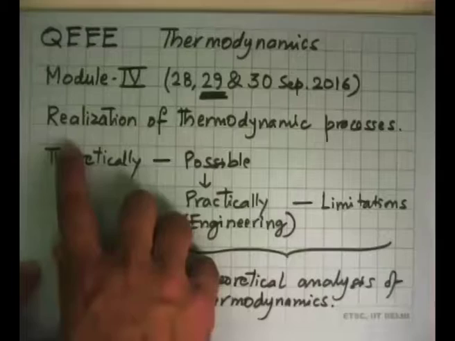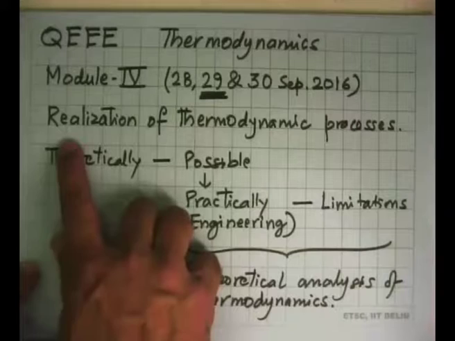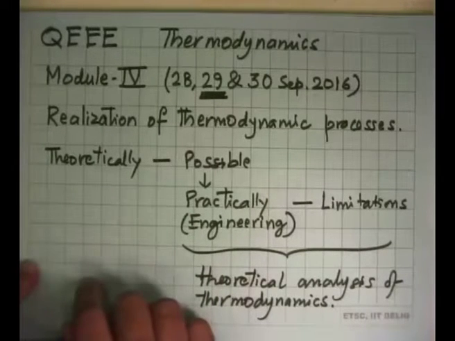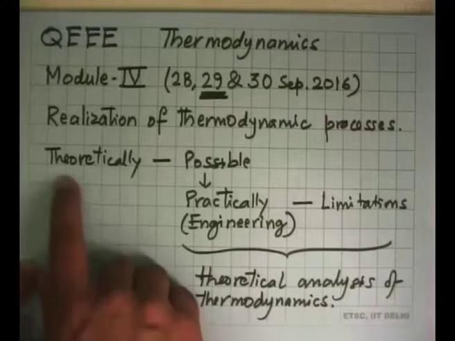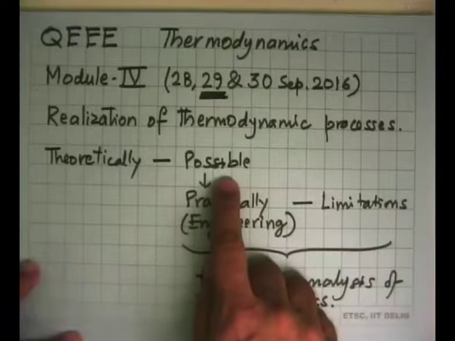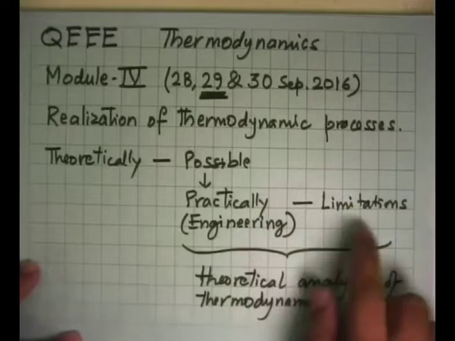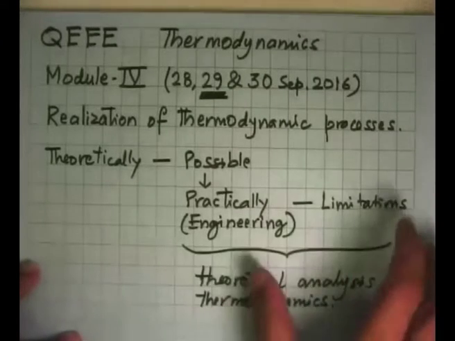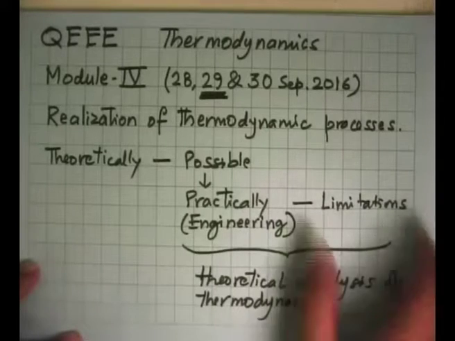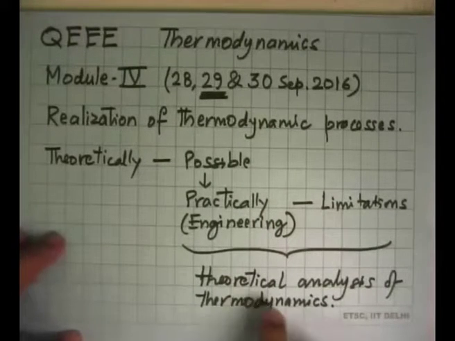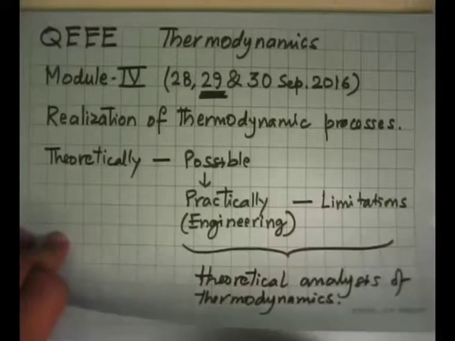So this is what we have been looking at: realization of thermodynamic processes. What are the types of devices that we have? These are theoretically possible, and practically, from the world of engineering, there are limitations. And what we have done is, even with those limitations, we have seen what are the implications of those limitations on the thermodynamic performance of these devices.